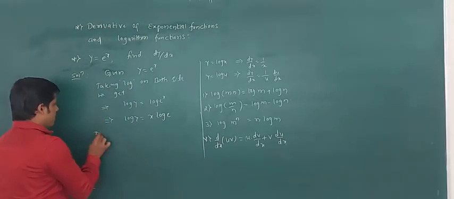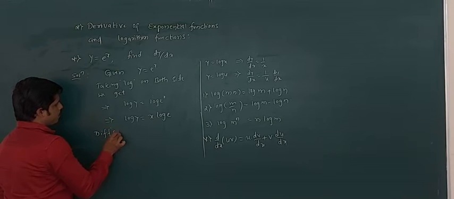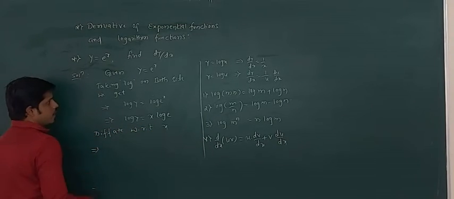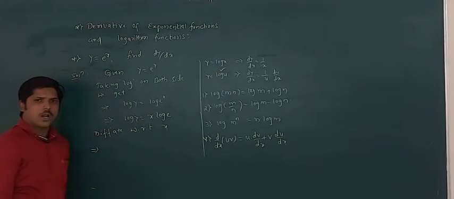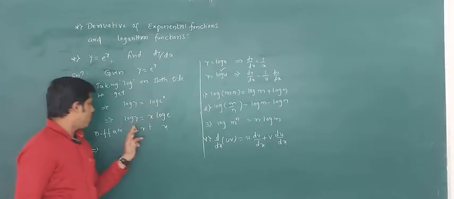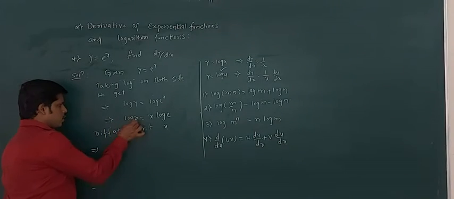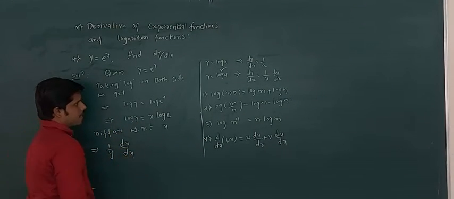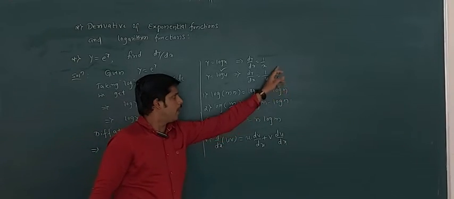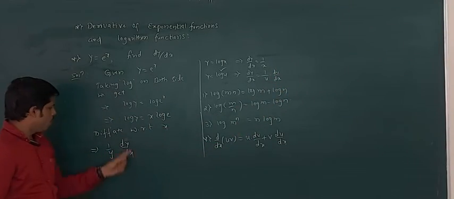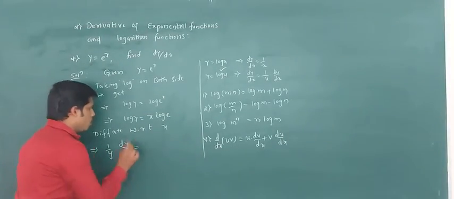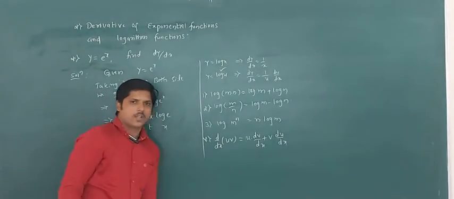So again here, differentiate with respect to x. For log y, using the log u differentiation, in place of u we have y. So the differentiation of log y is 1 by y into dy by dx. And for the RHS, by using the product rule, we have x as the first function and log e as the second function.